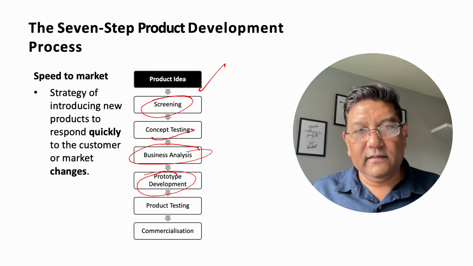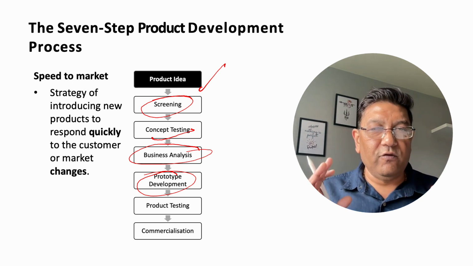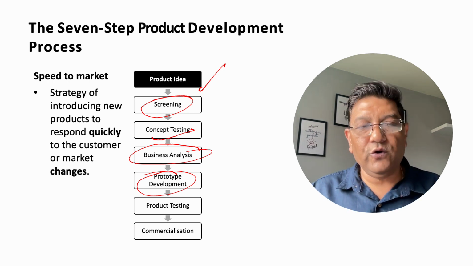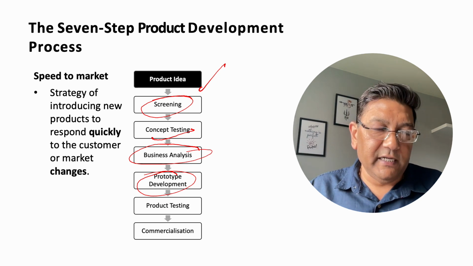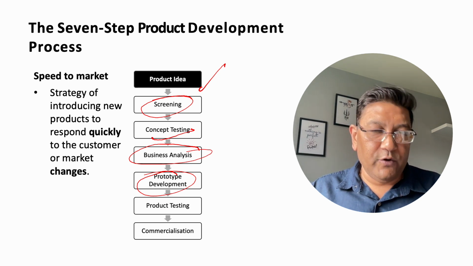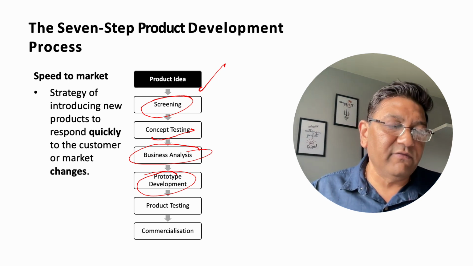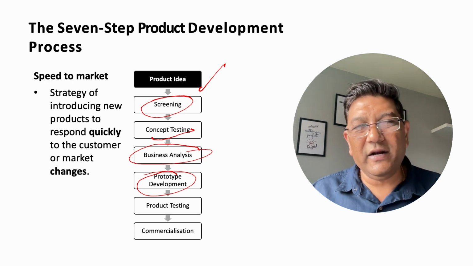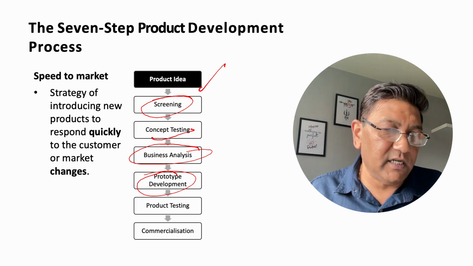So we can't do that anymore. We have to have a virtual prototype or virtual development of the product, or if you are developing the product physically, you can just produce like 1, 2, or 3 or 5 samples to see how that product is going to work on a very small scale, just to test it out.